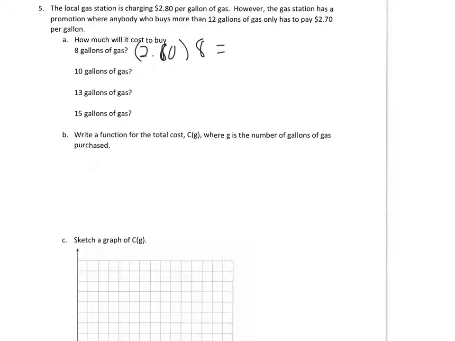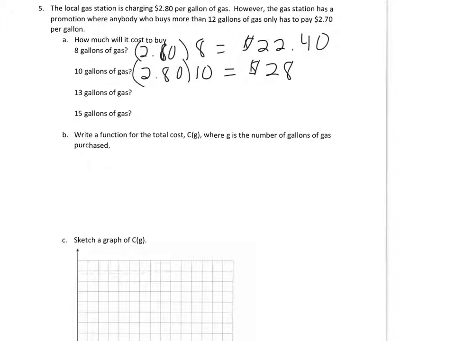So 280 times 8, which is $22.40. For 10 gallons of gas, well, they're still going to have to pay $2.80 per gallon. So 280 times 10 gallons, which is $28.